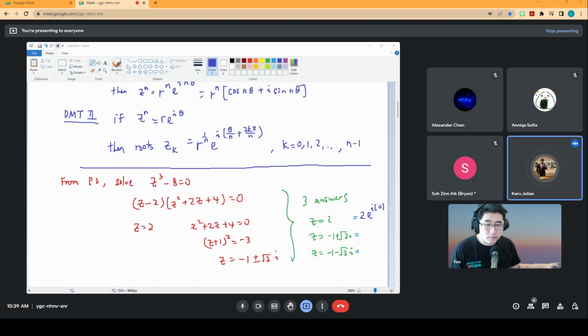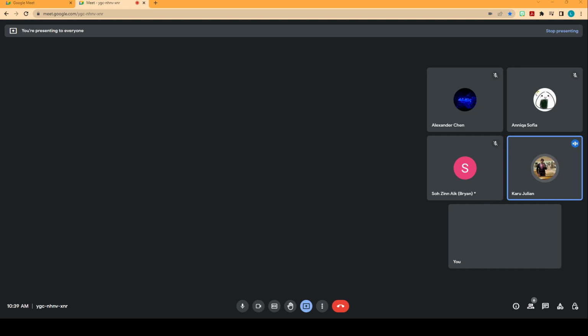Is it 2e^(i pi over 3)? Oh, negative pi over 3. Which one is negative pi over 3? This one, this one. Second. I mean the first one.